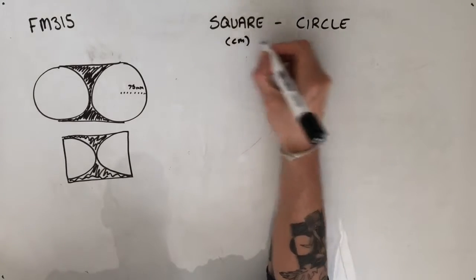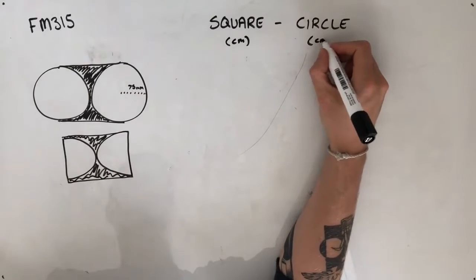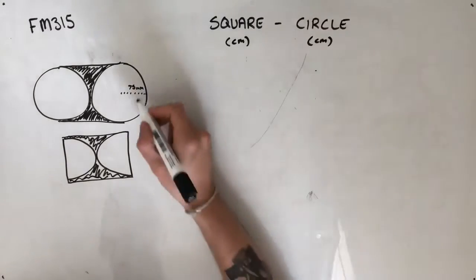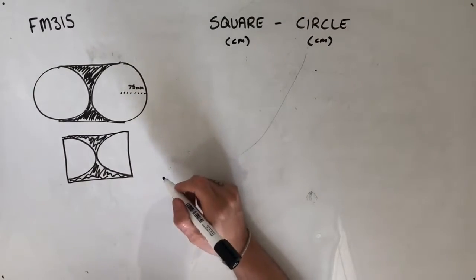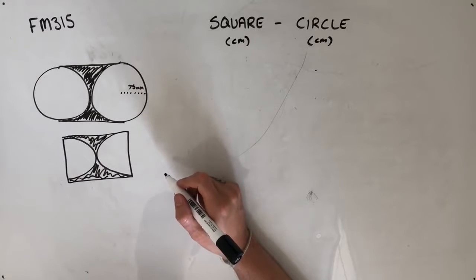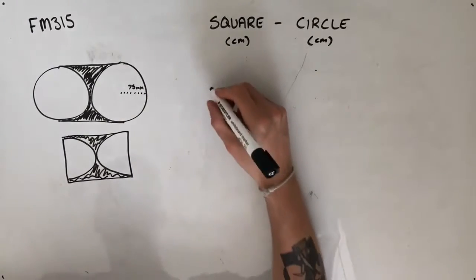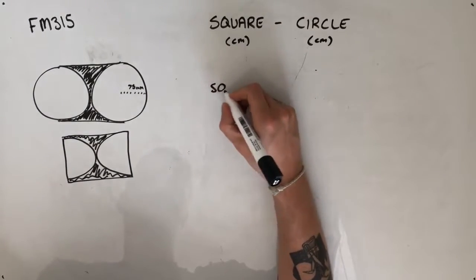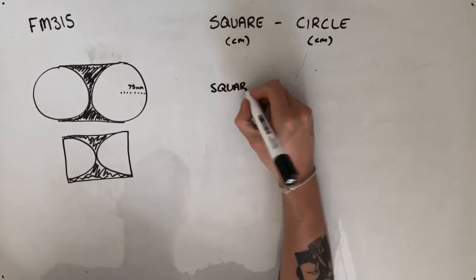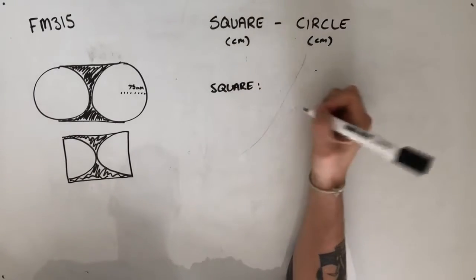We want to give ourselves a reminder of that because the measurements that we've been given have actually been given in millimeters, and we don't want to end up using those millimeter measurements by accident and getting an answer in millimeters squared. So let's start with our square, which you may not recognize as a square just yet, but you will in a moment.